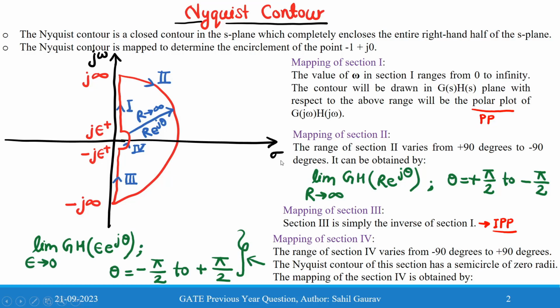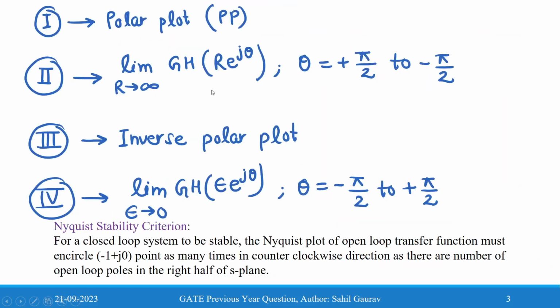Now combining all these mappings we make the Nyquist plot. Taking a summary of what we have seen: for section 1 we make the polar plot, for section 2 we take the limit r tends to infinity of G(re^jθ)H(re^jθ), for section 3 we make the inverse polar plot, and for section 4 we apply a condition similar to section 2.